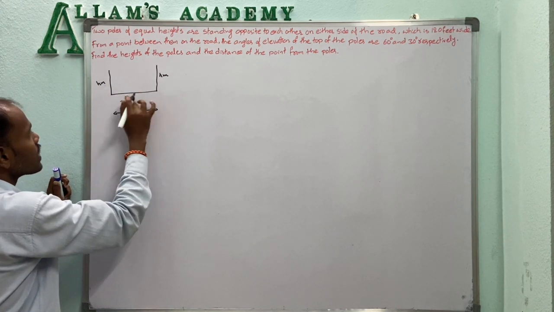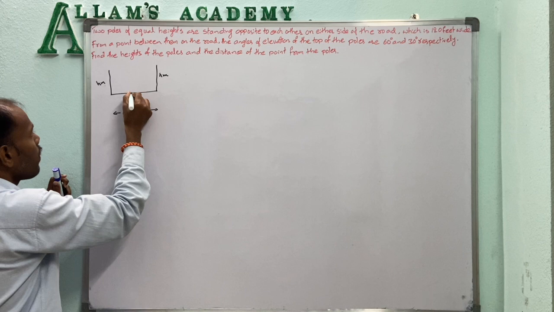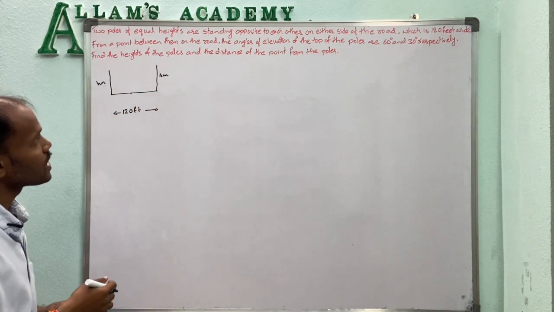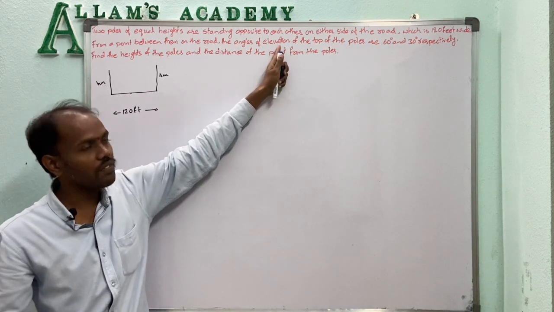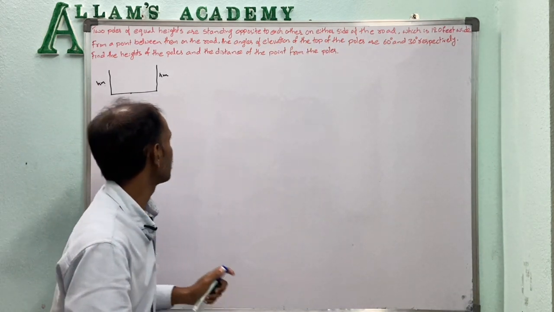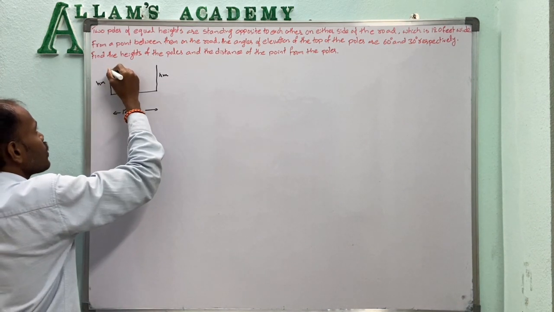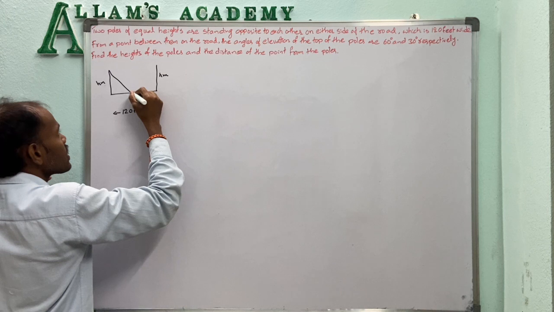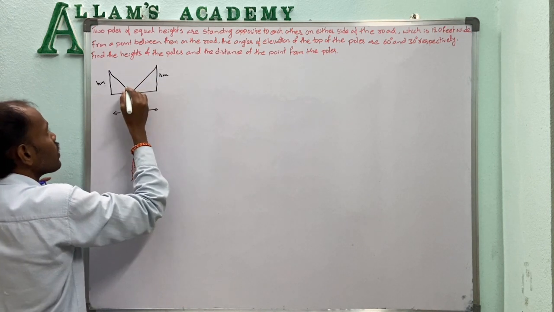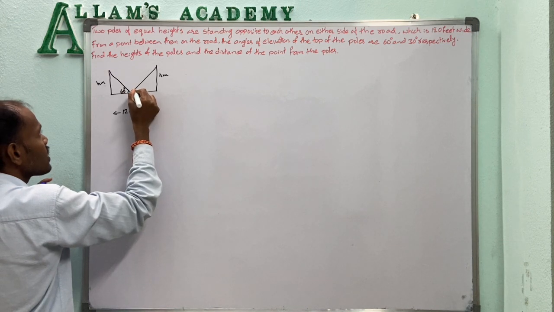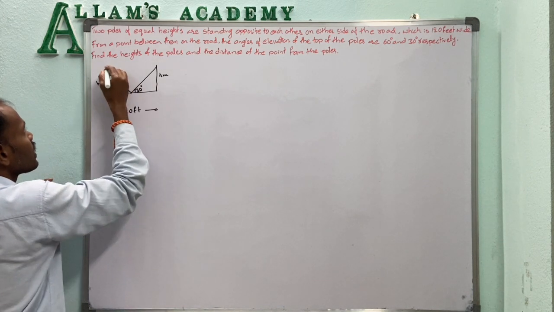In this distance we take a point. From that point, we observe the angles of elevation of the top of the poles as 60 and 30 degrees respectively. So one is observed with 60 degrees and the other pole is observed with 30 degrees.